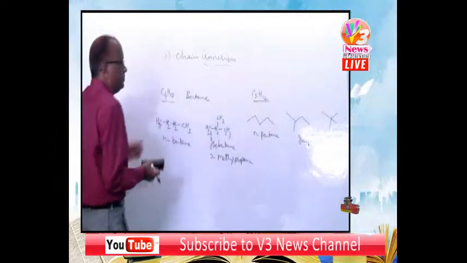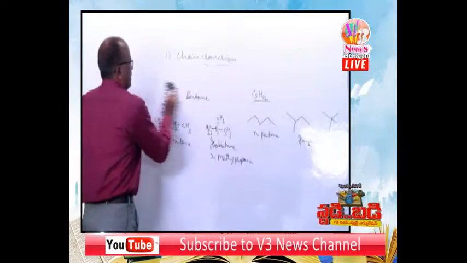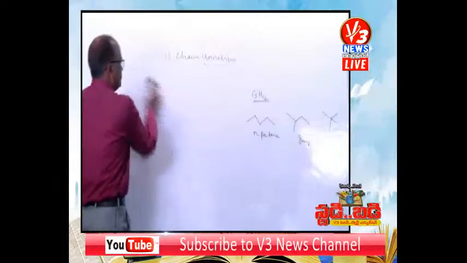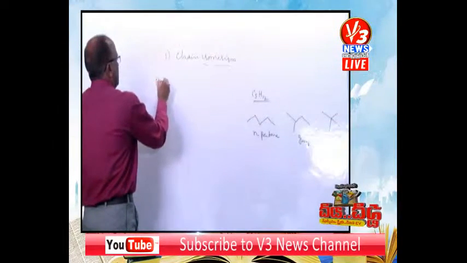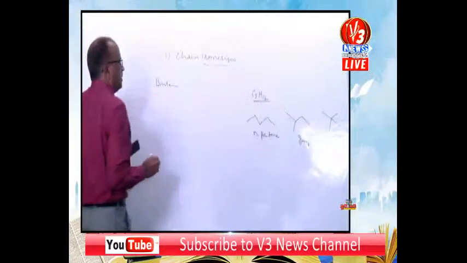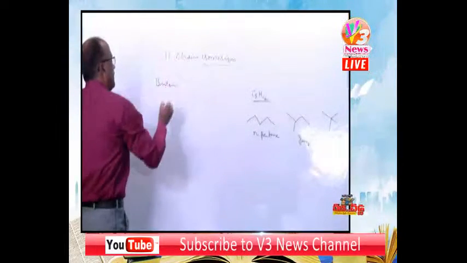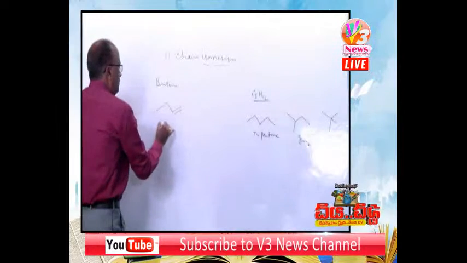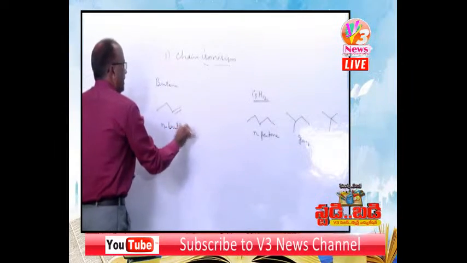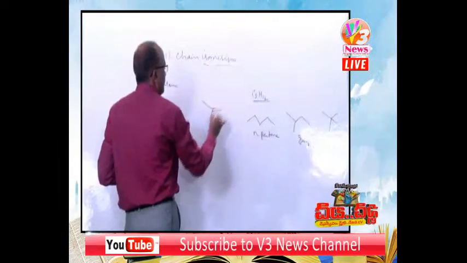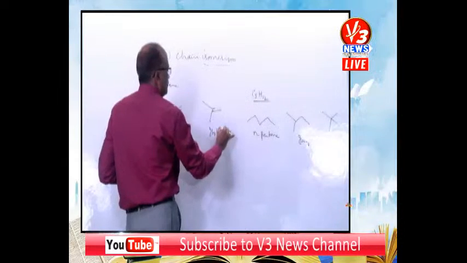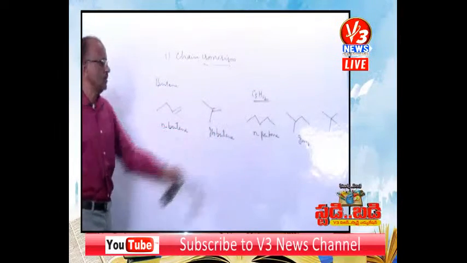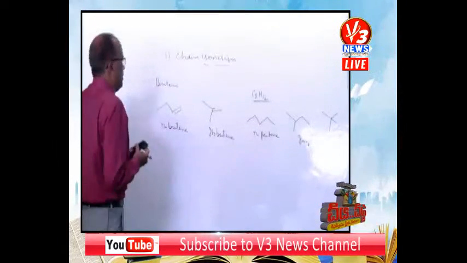Then coming to next butene, similar way you can write structures. For butene, how many structural isomers are possible? That is, chain isomers are possible. One is this is n-butene and another one is isobutene. So, 2 chain isomers are possible for butene.